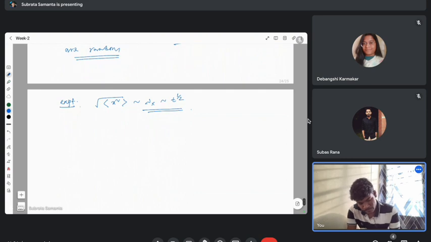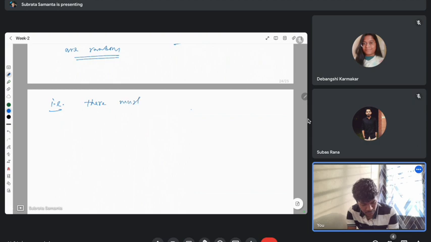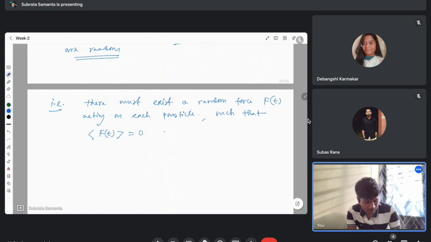I mean that there must exist a random force f of t acting on each particle such that f of t average is 0 and f of t square average is not equal to 0.